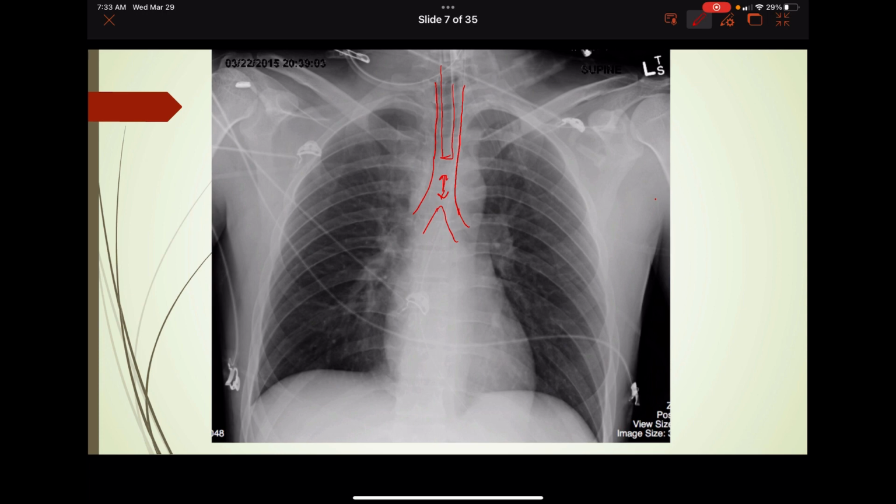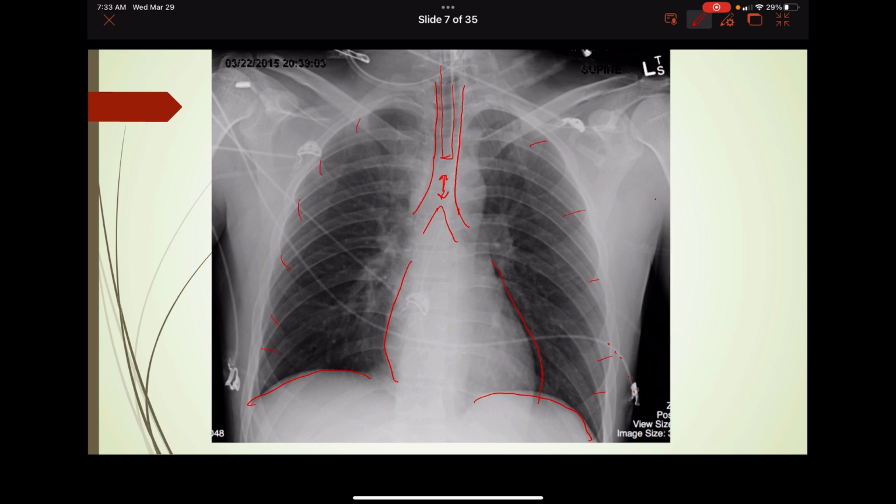B for bones, check out all the bones, they're fine. C for cardiac silhouette, you can see the cardiac silhouette here. It looks good. D for diaphragms here, E for everything else. We found the one line already. You can see the EKG lines here, but that's obviously not important. The vascular markings go all the way out to the periphery.